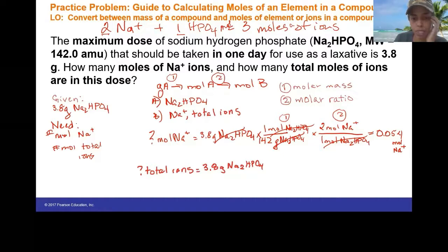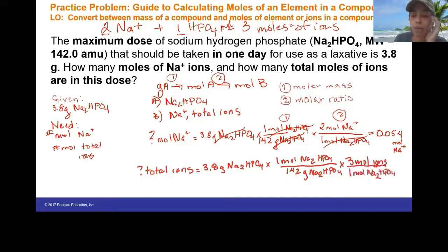I start once again with 3.8 grams times the molar mass. It's the same thing. Now we have 3 moles of ions per 1 mole of substance, right? The only thing that we changed here is the number of ions that we were looking at. And we end up with 0.080 moles of total ions.